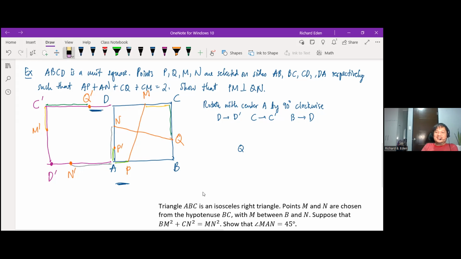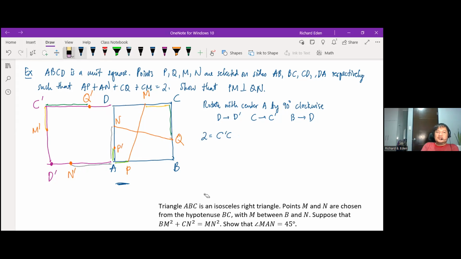Oh wait, I think I see it. DM and then Q prime D is actually QB. But here, we know that C prime C equals 2.